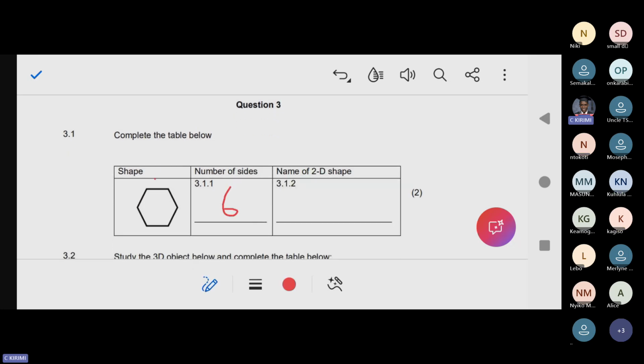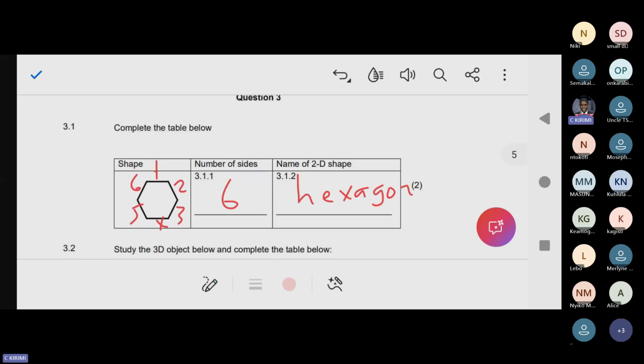So we are counting the number of sides. 6 sides, which means all the sides are 6. This is the last one, 6 sides. So what is the name of that 2D shape? Hexagon. All right.